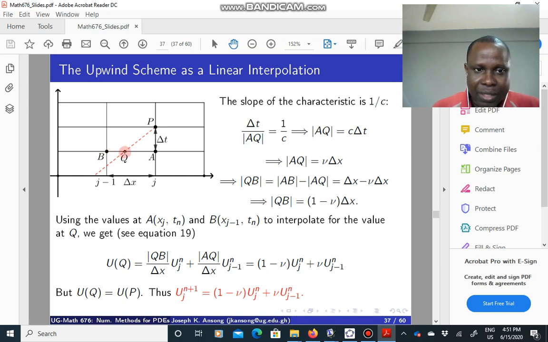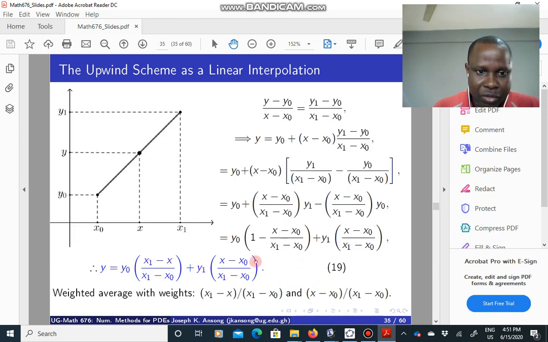Now we are finding the distance from A to Q and the distance from B to Q because we want to use those to interpolate the value of u at Q. If you go back to here, that is what this is saying. That's what you need.